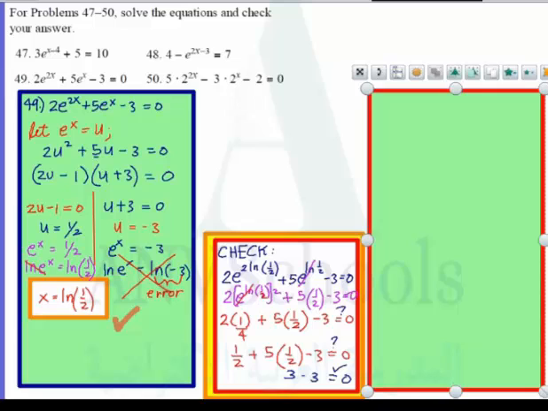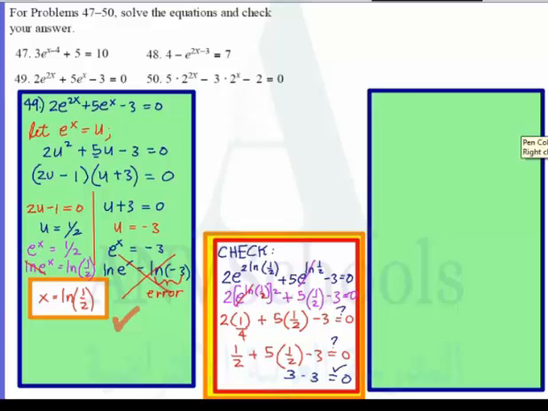Okay. The equation for the last number, number 50, is 5 times 2 raised to 2x minus 3 times 2 raised to x minus 2 is equal to 0.